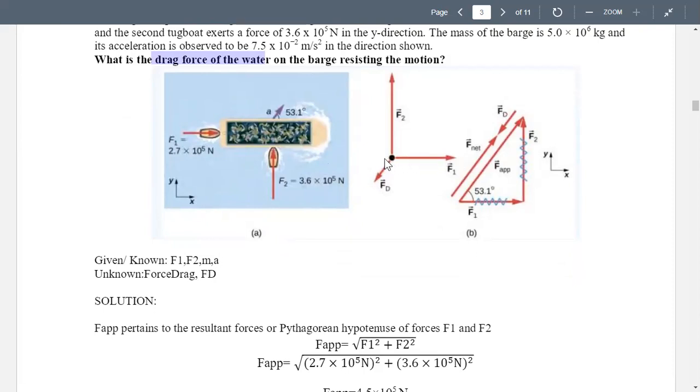If you are going to further simplify the free body diagram with the barge as your point of origin, your F1 now points to your right, and then your F2 points upwards. Further simplifying this gives us an angle of 53.1 degrees subtended between the resultant force and the first force of the first tugboat.